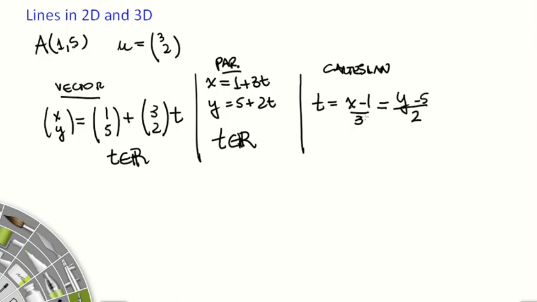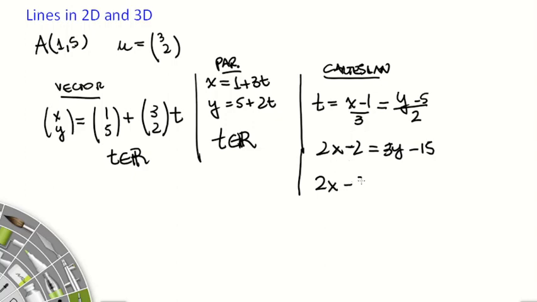Now if we cross multiply, we're going to have 2x minus 2 equal to 3y minus 15. And there we go. The only thing that we have to do here is rearrange a few things. Because we've got numbers here, let's just express this as 2x.